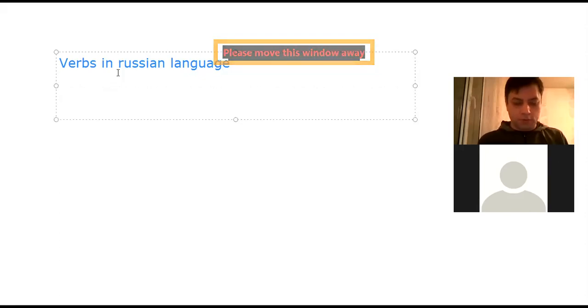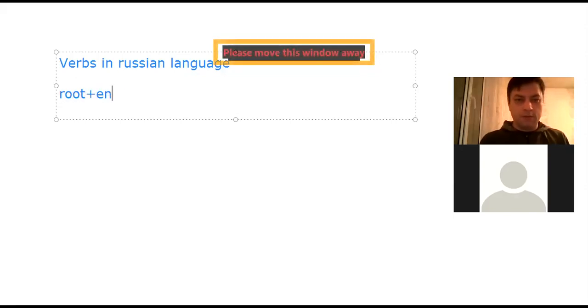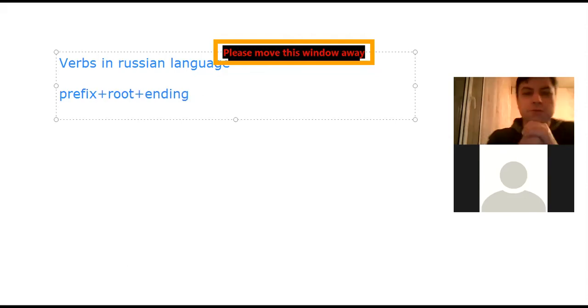Also, I want to let you know that a verb consists of several parts: a root, an ending, and a prefix.